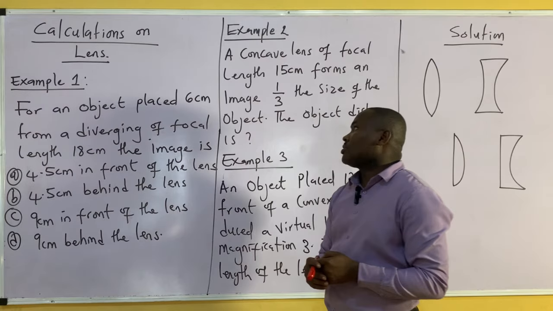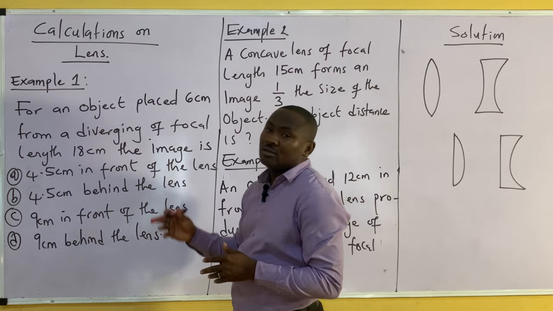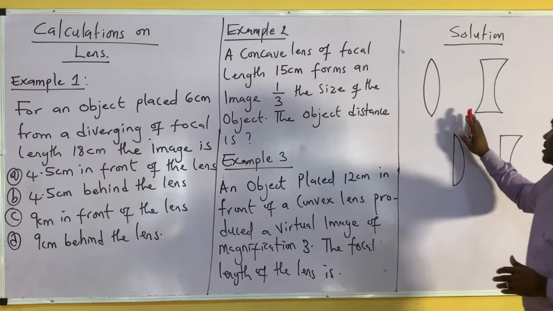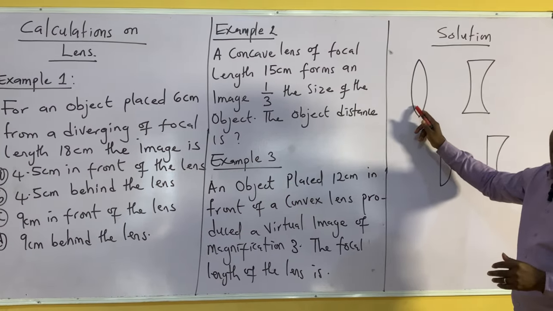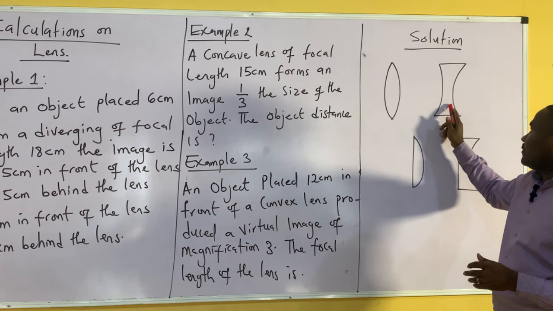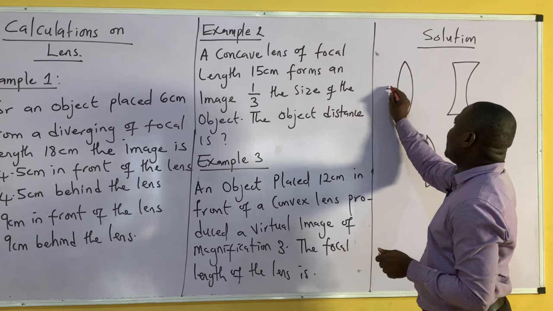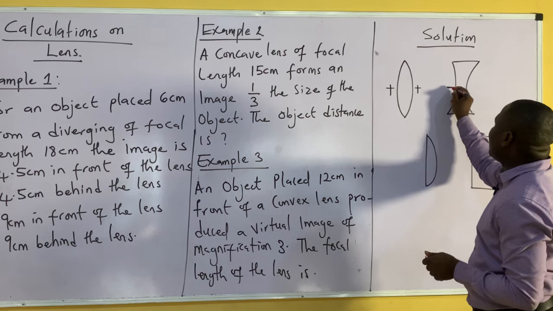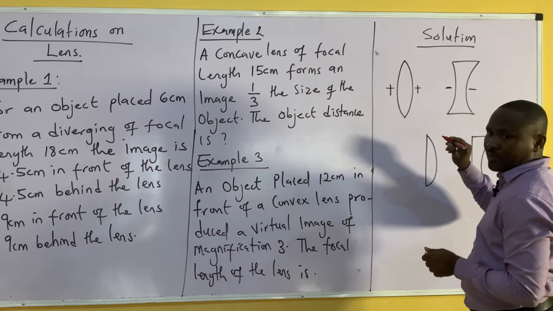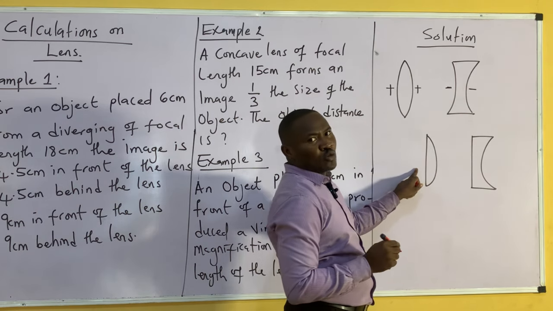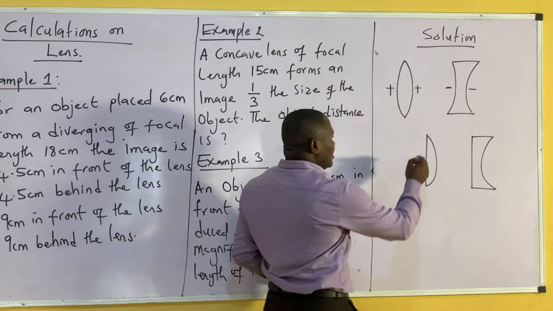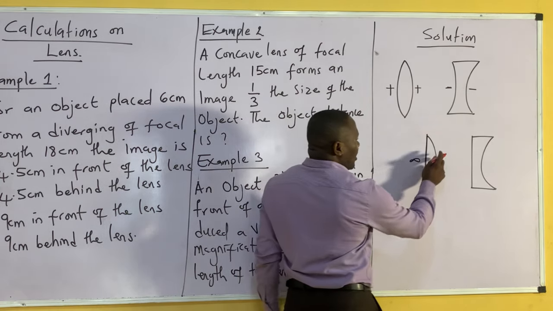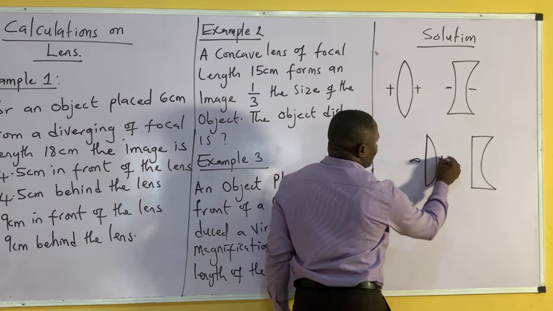Now let's look at example questions concerning calculations in lenses. Please, if you look at this place, this is a convex lens, this is a concave lens. The focal length of a convex lens is positive, but for a concave lens it is negative. This is a plano-convex lens. This plane surface is infinity, while this curved surface is positive.